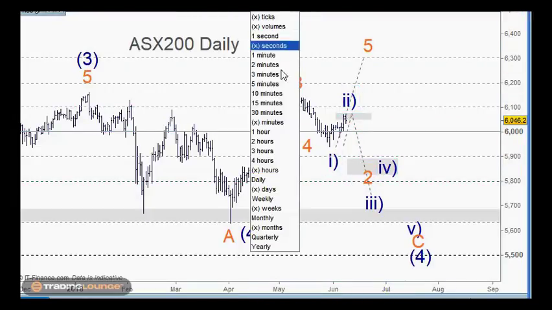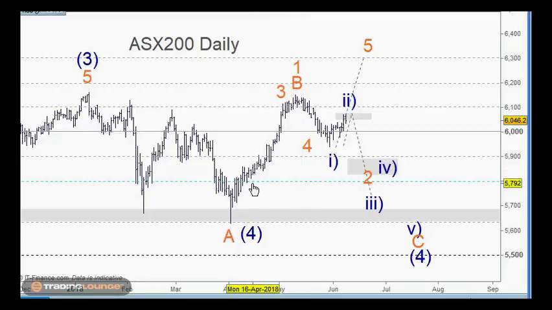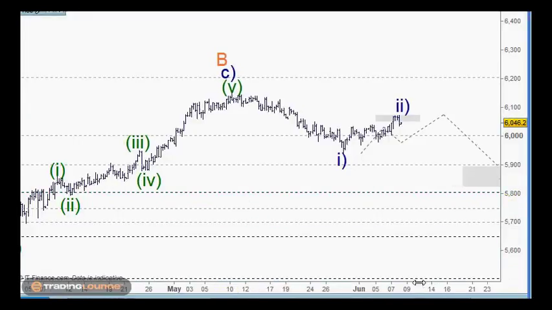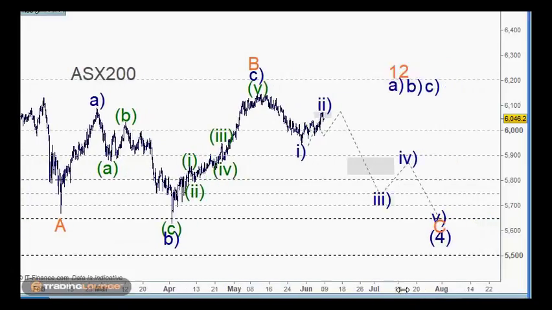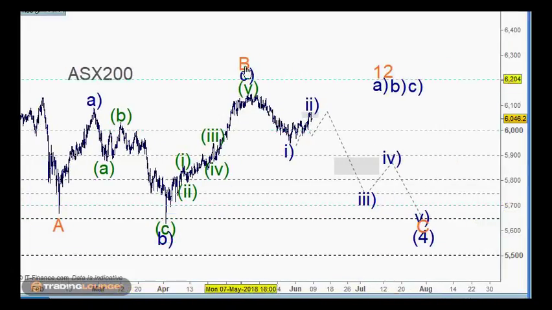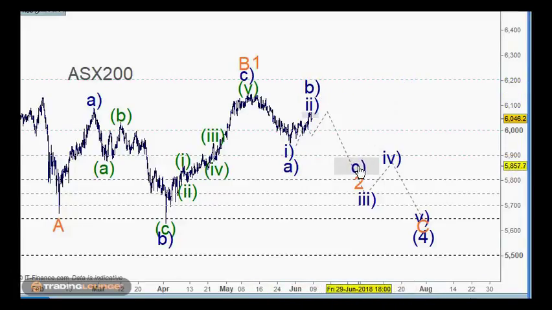So if I move to an intraday chart here, we can look at that a little bit differently. In this case, we've either got wave B here with 1 and 2 and 3 and 4 and 5, and the other count, as I just mentioned, is having wave 1 here, wave 2 sitting here, having this as an A wave here, a B wave here, and a C wave down into this space here.